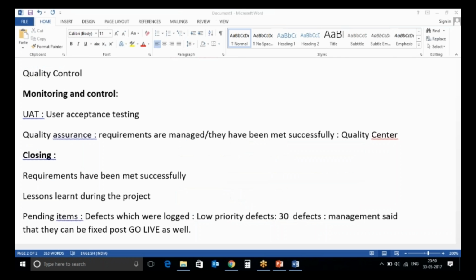So basically a product will be the website that is developed for the customer, and the project is the whole process which is followed to achieve that product. Any confusion in this?